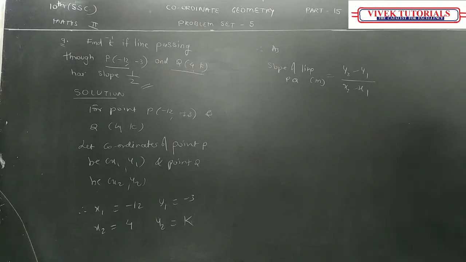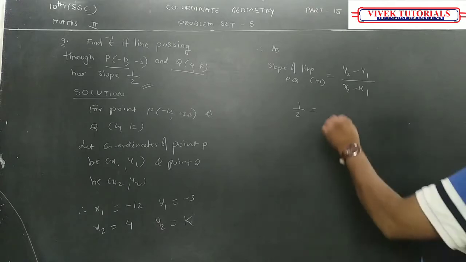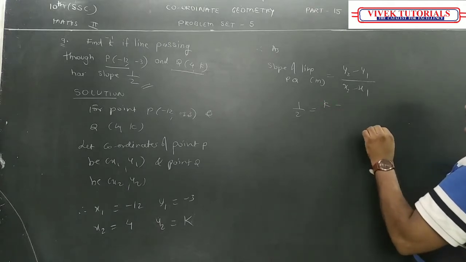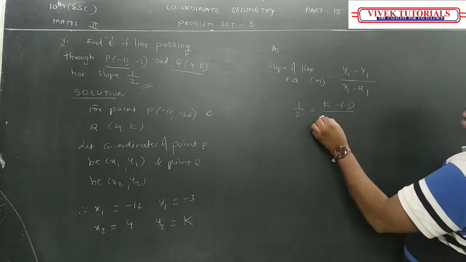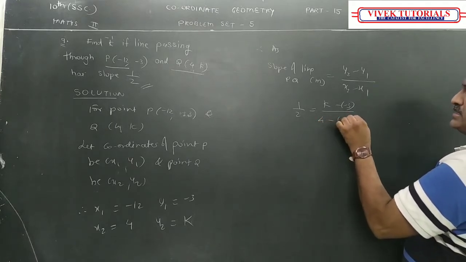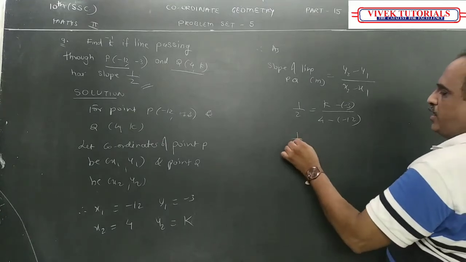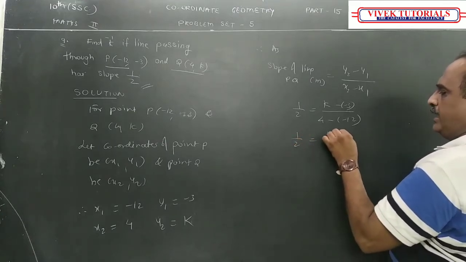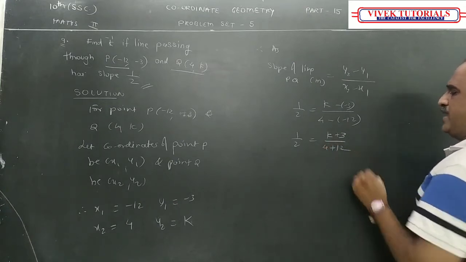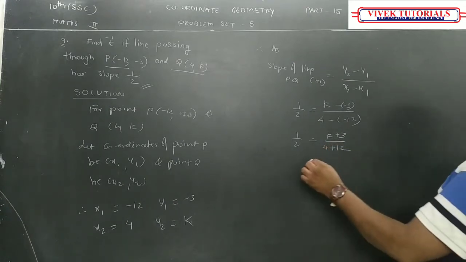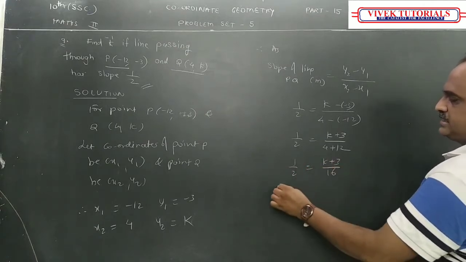Slope they had given as 1 upon 2. y2 is k, y1 is minus 3, and x2 is 4 minus minus 12. So we get 1 upon 2 is equal to k plus 3 upon 4 plus 12.